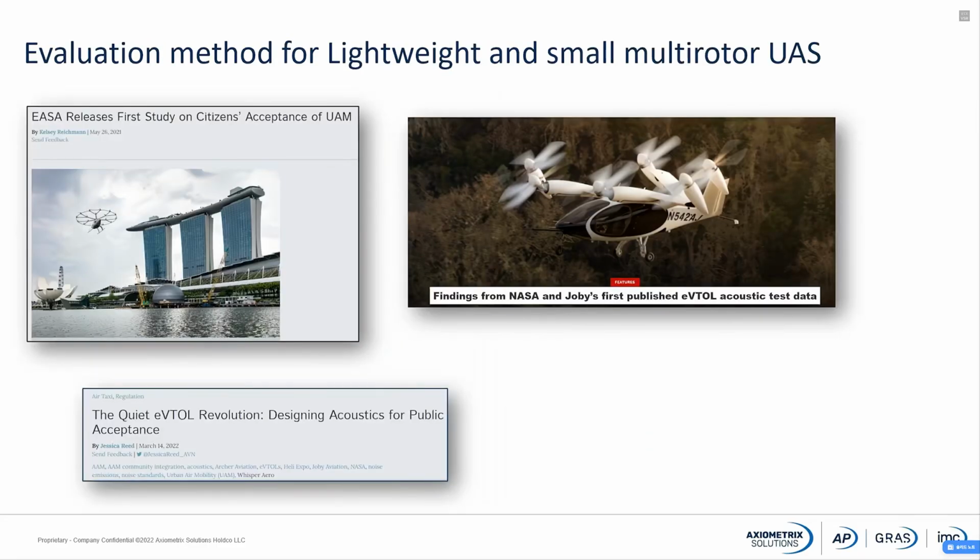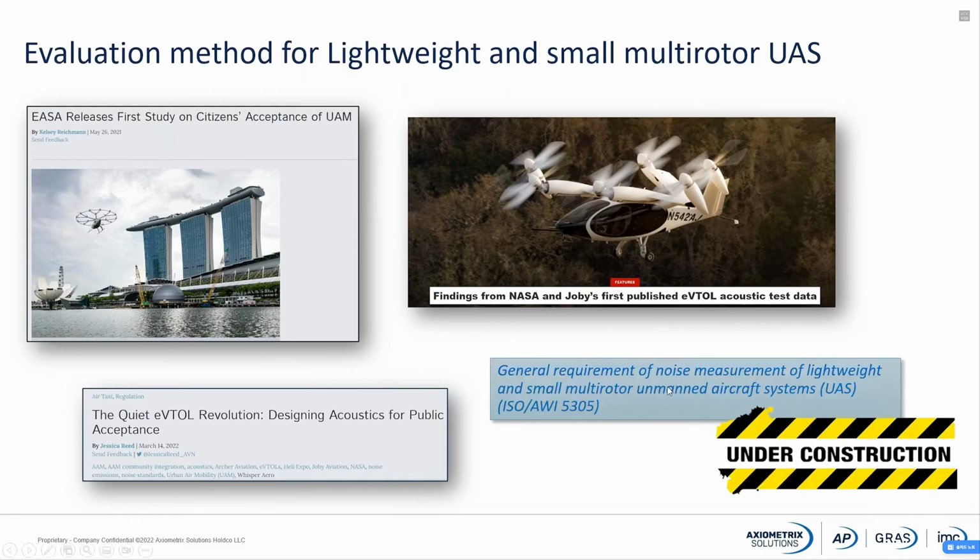Now we are coming to the next part, and that is the lightweight and small multi-rotor UAS. There are a number of studies and a lot of testing being done right now. It is quite important that we know how the noise behaves over a surface when you're doing it.